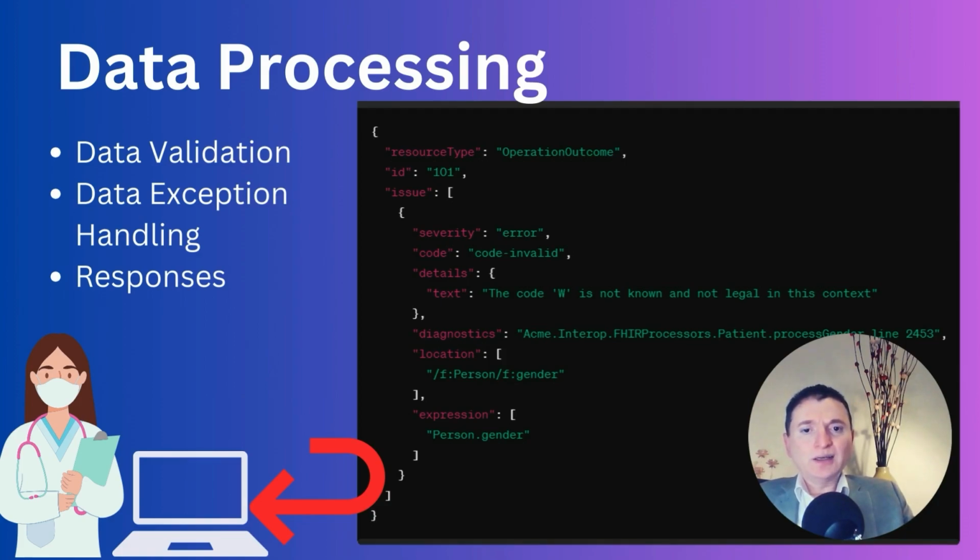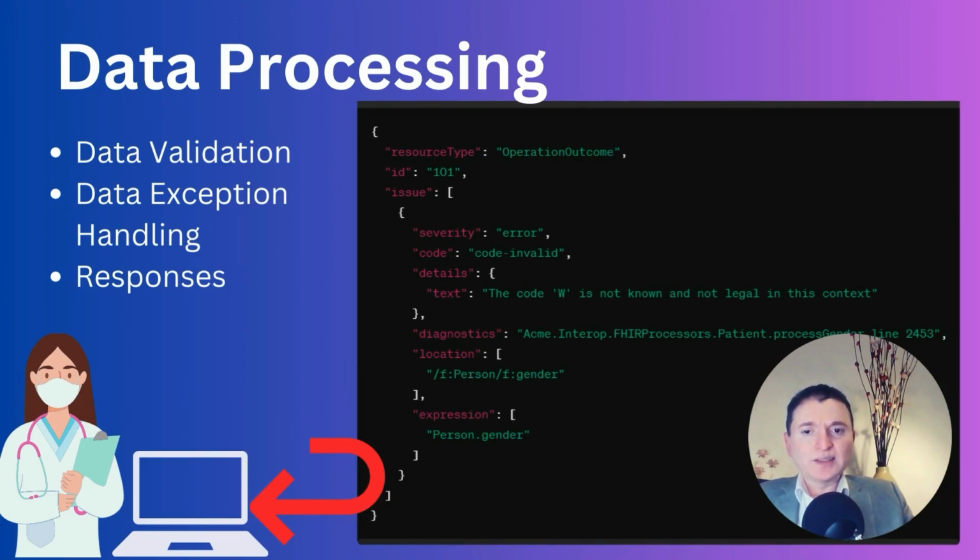Effective error handling like this is essential. When an error is detected, our system logs the details, informs the appropriate personnel, and where possible, attempts automated correction or requests additional information to rectify the issue. By incorporating robust error handling mechanisms and using structured feedback like the FHIR Operation Outcome, we ensure that our healthcare referral system is not only efficient but also resilient.